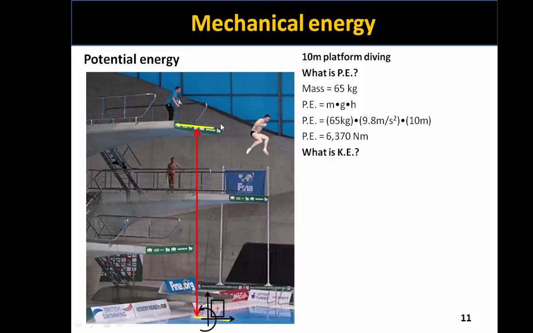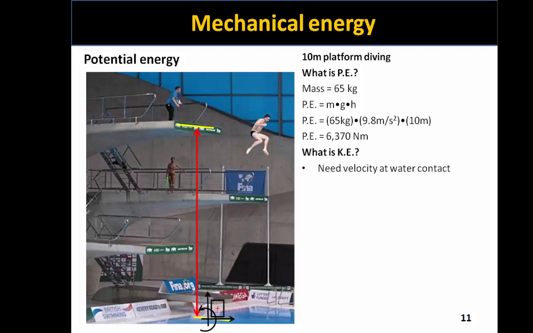The process, of course, refers to the movement of the jumper once he steps off the platform and makes initial contact with the surface of the water. To answer that question, we now have to calculate kinetic energy.